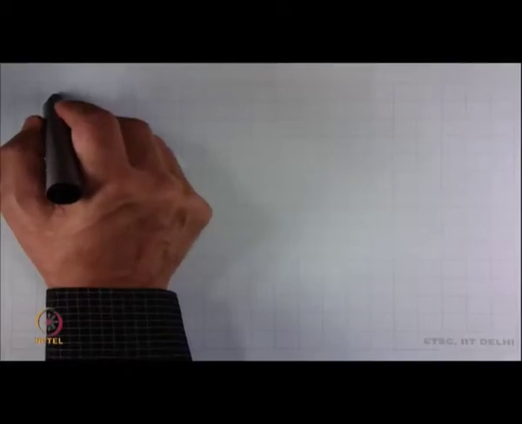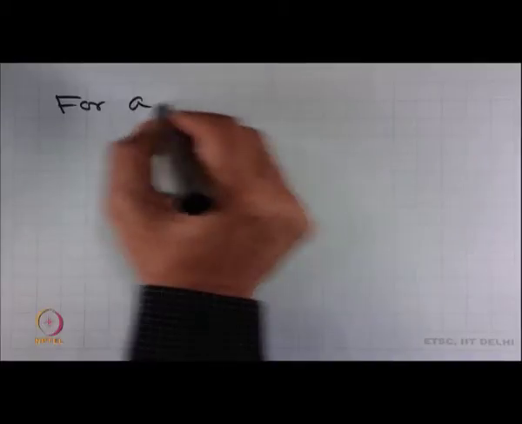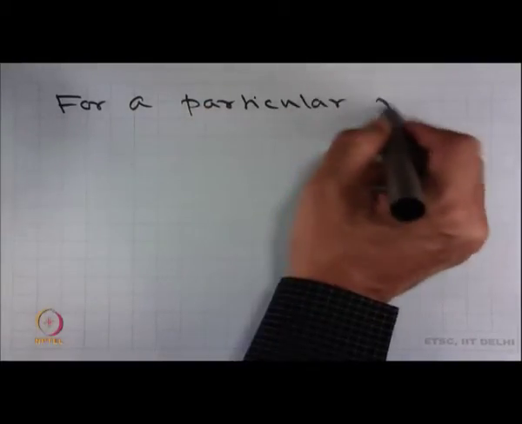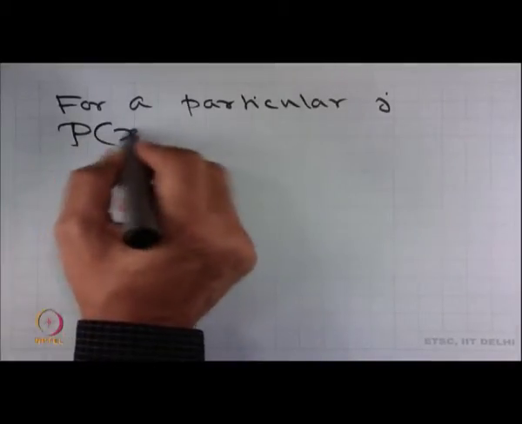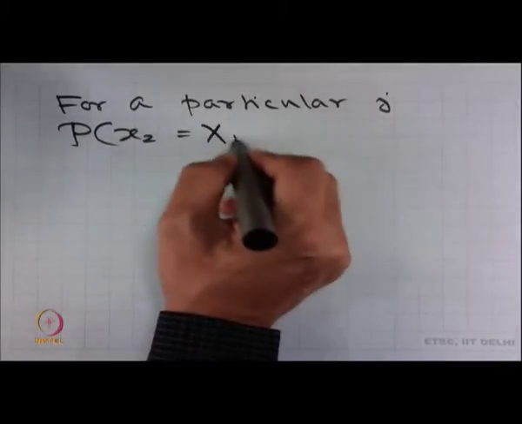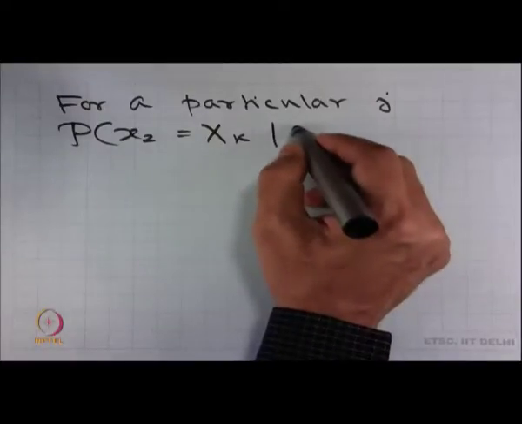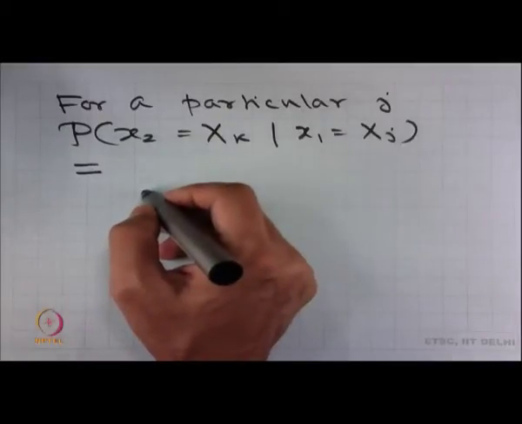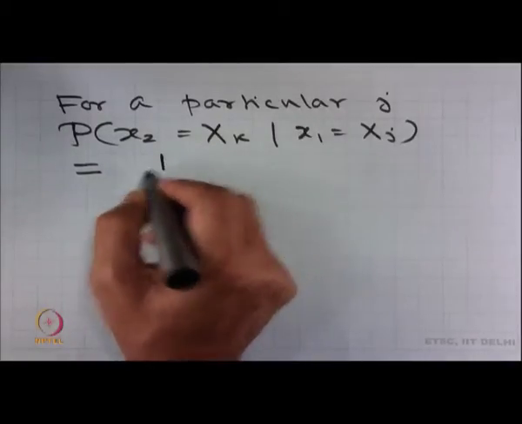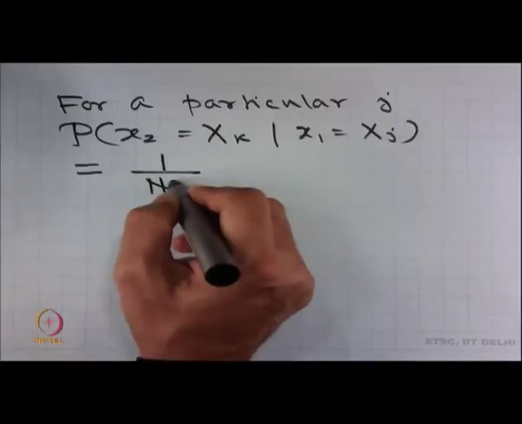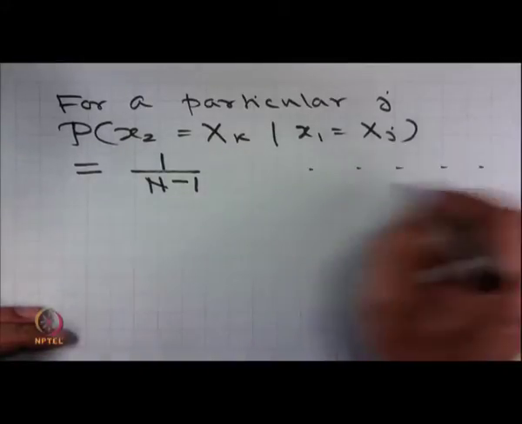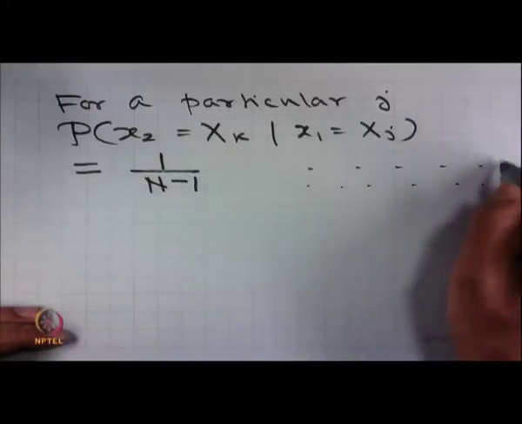For a particular j, probability x 2 is equal to x k given x 1 is equal to x j is equal to 1 upon n minus 1, because there are capital N many elements in the population.